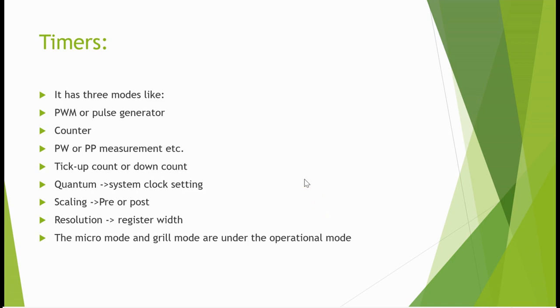Next one, timer. Timers are used to measure time, generate delays, or count events in an embedded system. It has three modes. One is PWM, counter, pulse width, or pulse period.